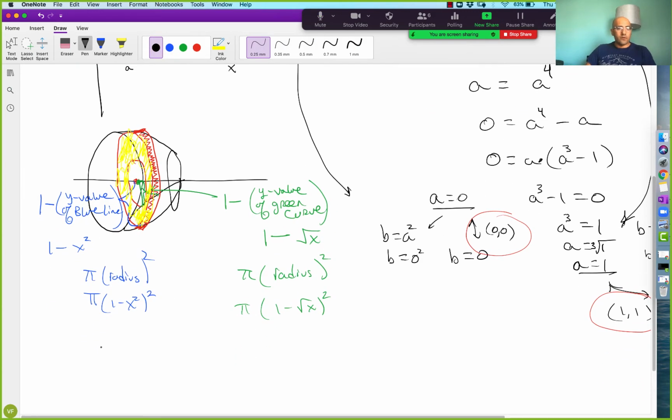Okay. So one single coin is going to be the difference between those two when we choose a specific value of our x. If we choose one specific value of x and we punch it in, we'll get this.